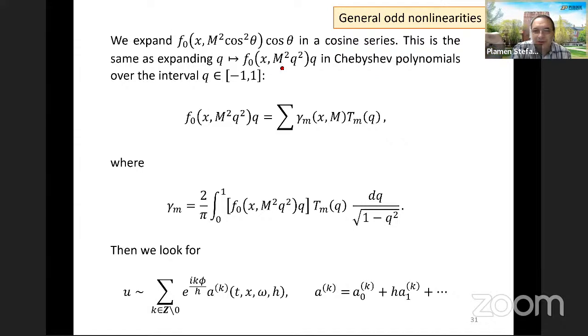It's an equivalent thing, and we know how to do that. Those are the Chebyshev coefficients. Then look for an expansion which has all the harmonics, as before. We put this in the equation, and then we see that we can relate those Chebyshev coefficients, and those are the Chebyshev polynomials, and we can solve for them, basically.